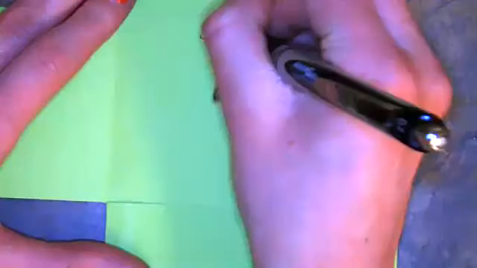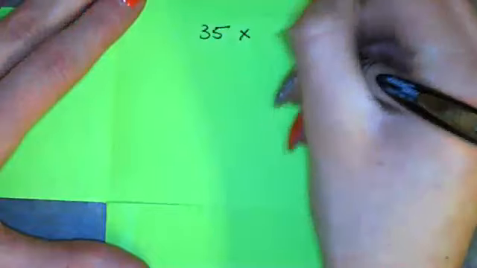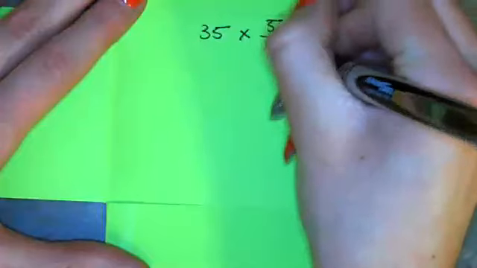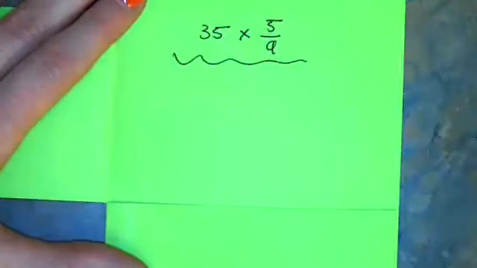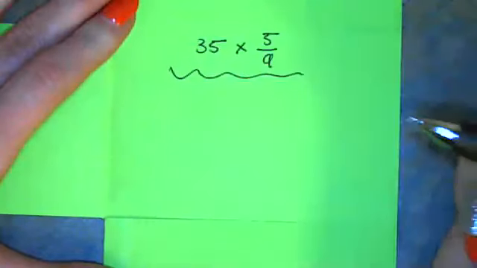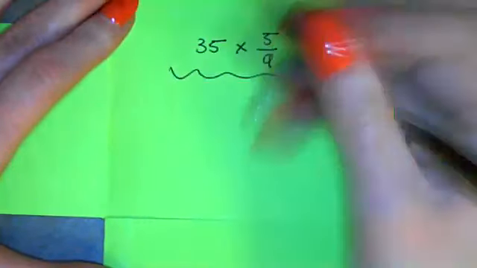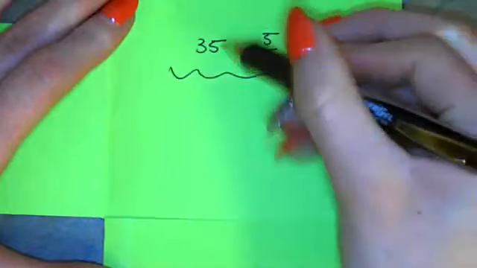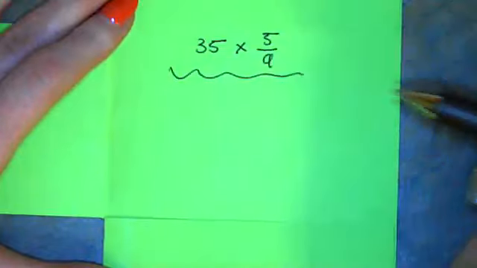And within this one, we're going to use, again, another example from the textbook. So we're going to use 35 times 5 over 9. That is the problem that we are using. Okay, well, we look at this and say, well, 9 can't go into 35 evenly. So we need to fix this number, 35, to see if we can make it a better number.